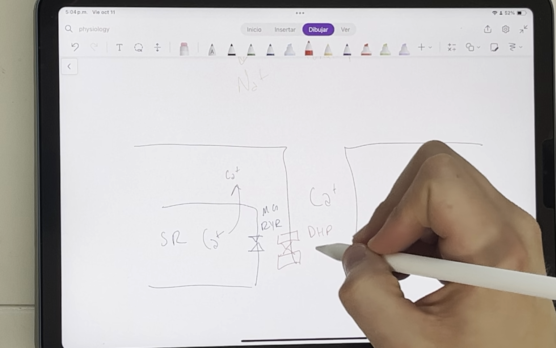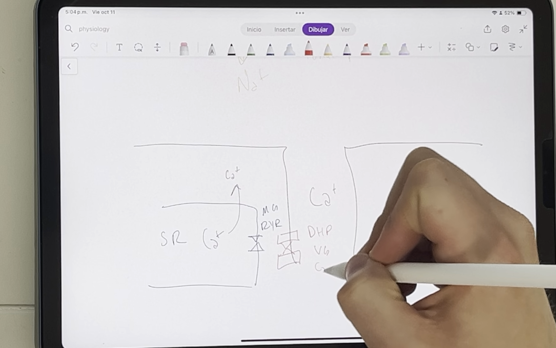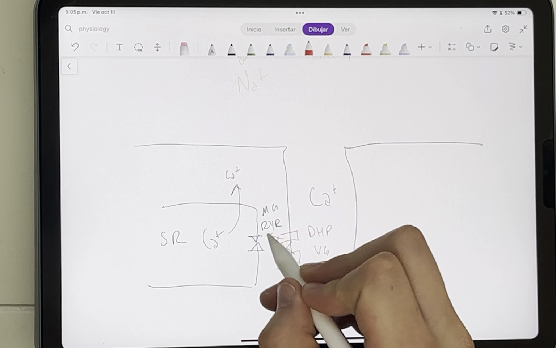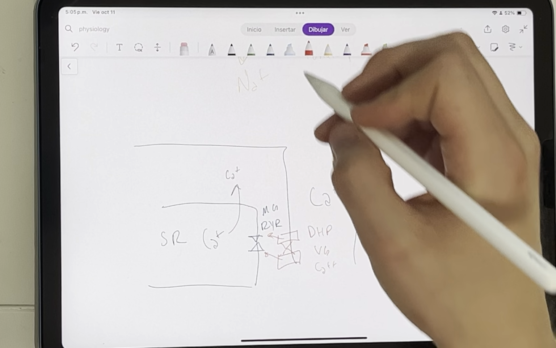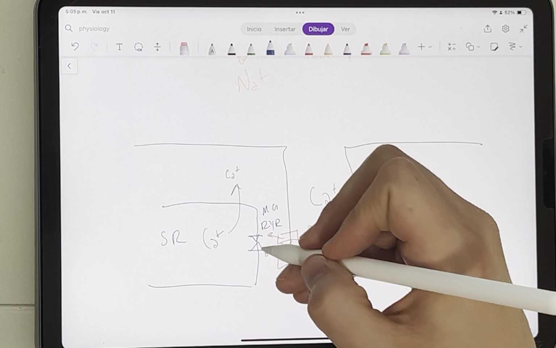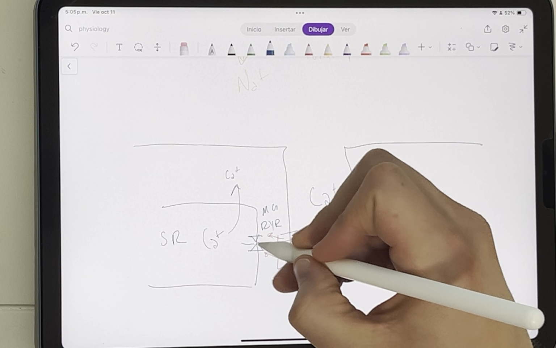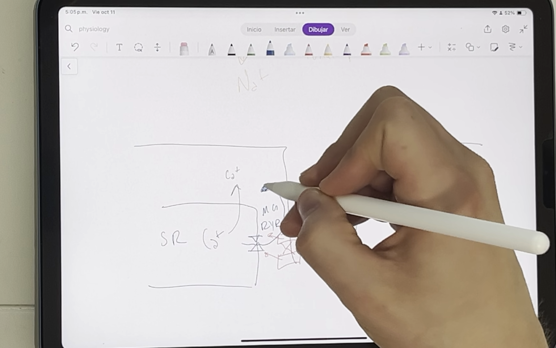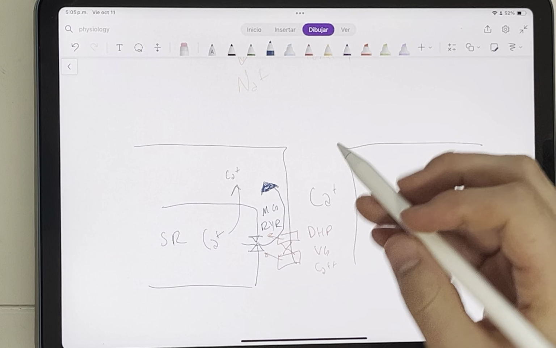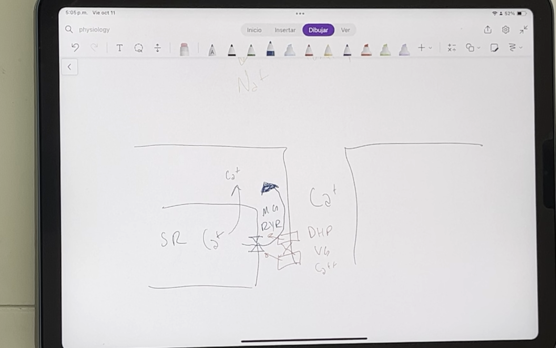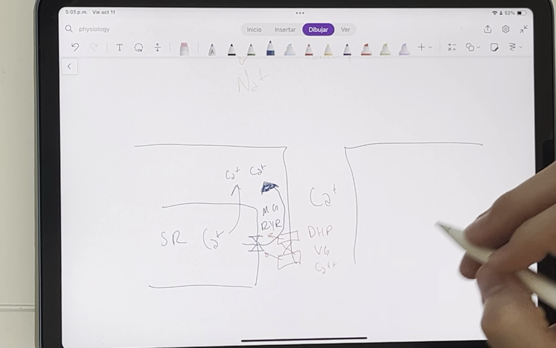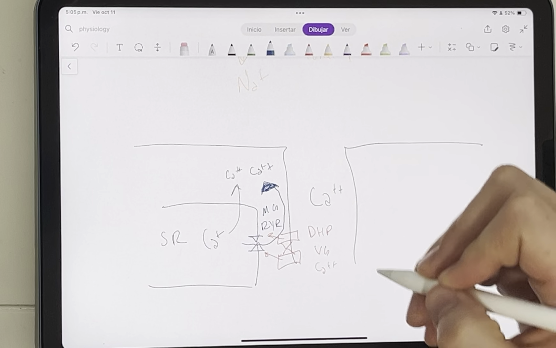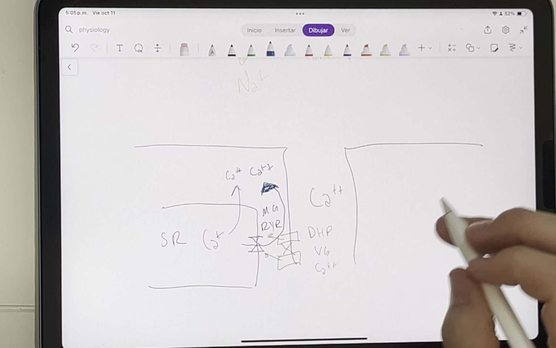And so this is a voltage-gated channel, a voltage-gated calcium channel actually, but it doesn't let calcium into the cell, it just opens. When this opens, it basically almost bumps the ryanodine channel, which is going to open and allow calcium to flow out into the cytoplasm, or the sarcoplasm, sorry. And so that's going to flow out, and that's going to cause calcium propagation or a muscle contraction throughout the cell.